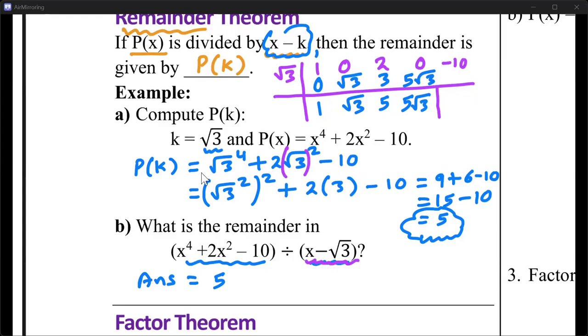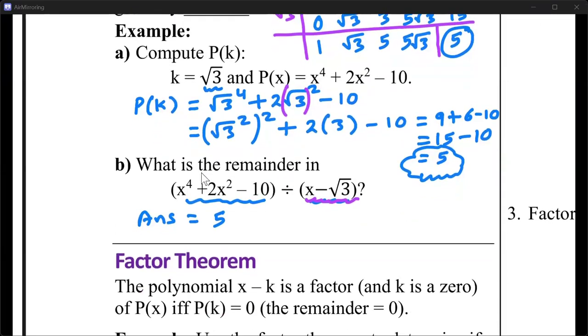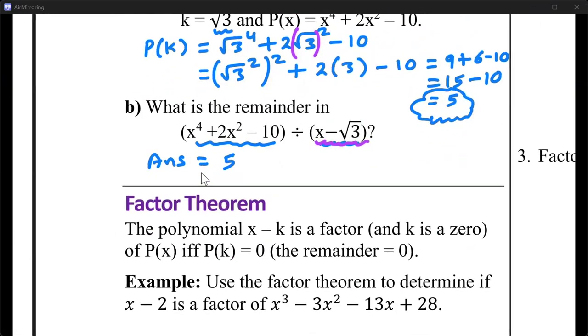Root 3 times 5 root 3. Now you multiply the root 3 and root 3. That is 3. 5 times 3 is 15. You can do it on the side or do it mentally. Minus 10 plus 15, 5, which is the remainder. So you can see that the remainder theorem gives you the accurate remainder.